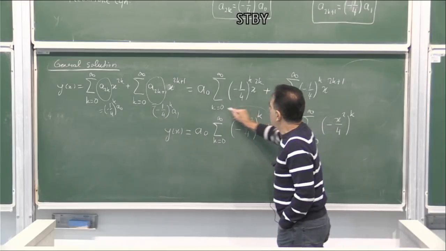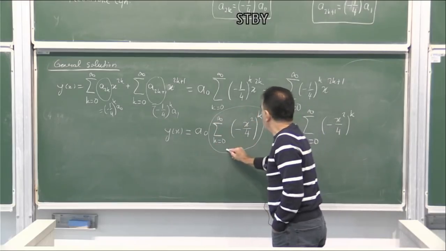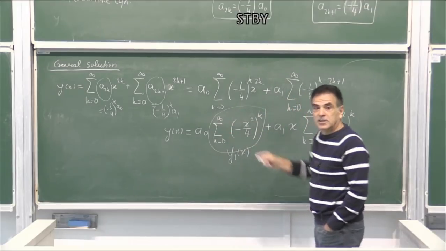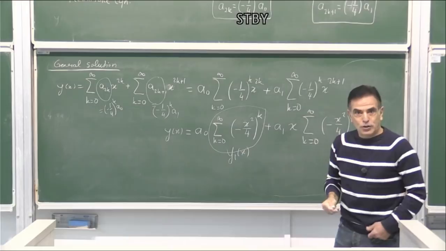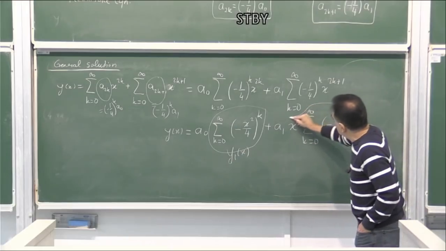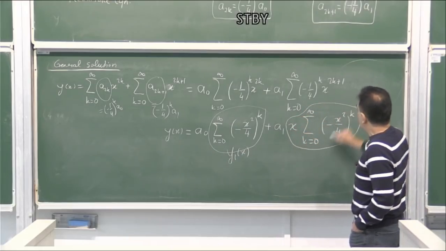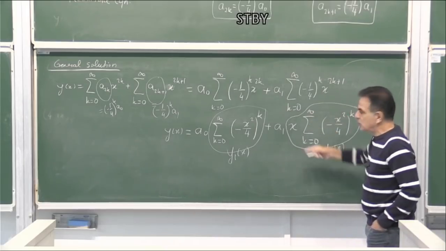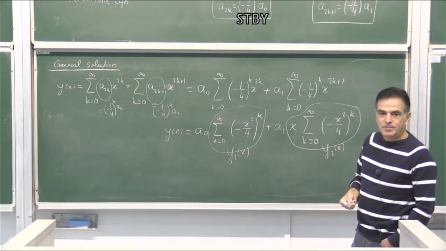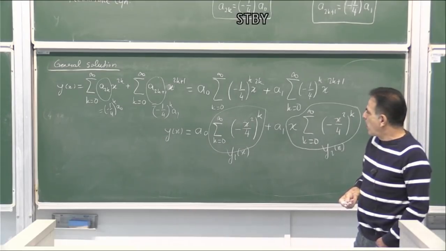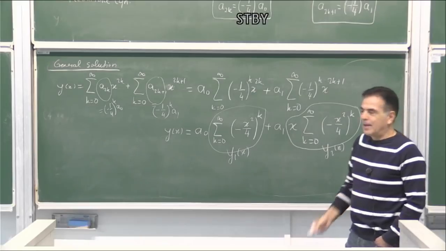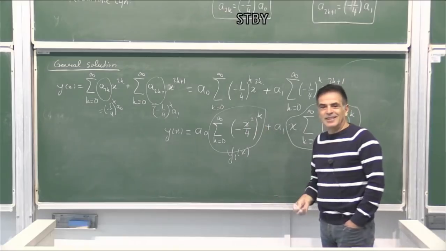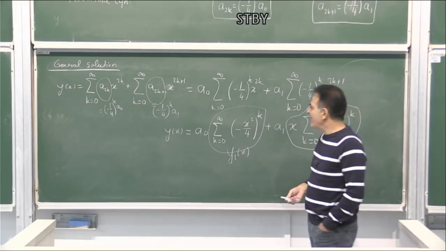So again, this is y1, the series expansion of the first solution. And this, together with this x, is y2 of x, which is the series expansion of the second solution. Good. And do you recognize this? That's a geometric series.